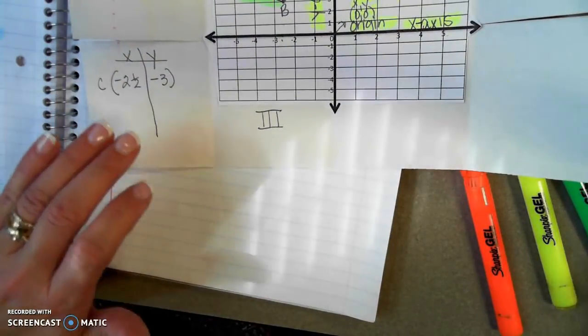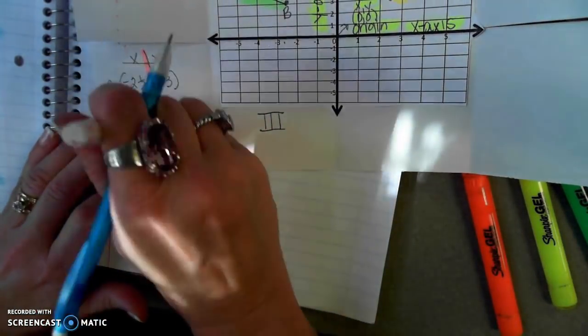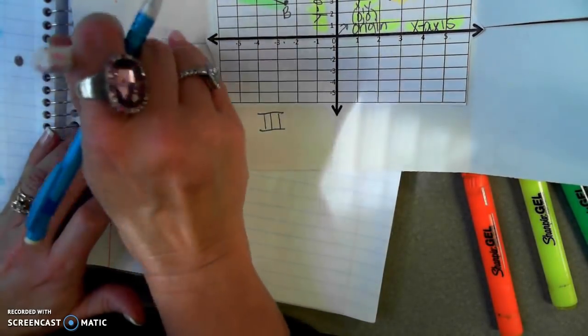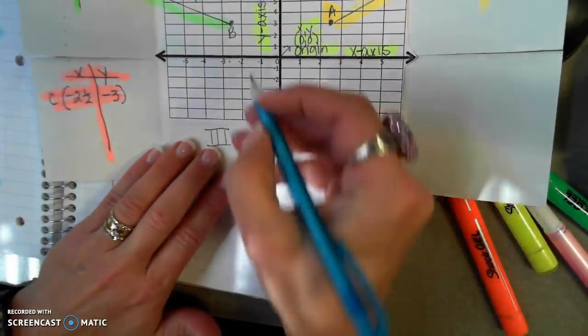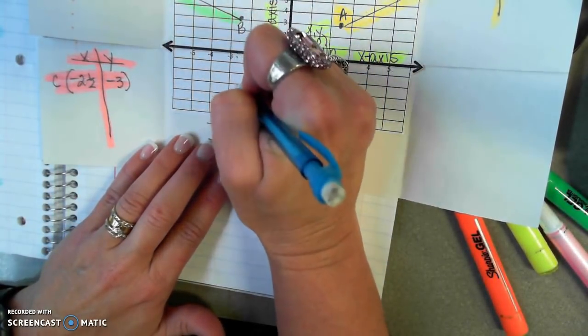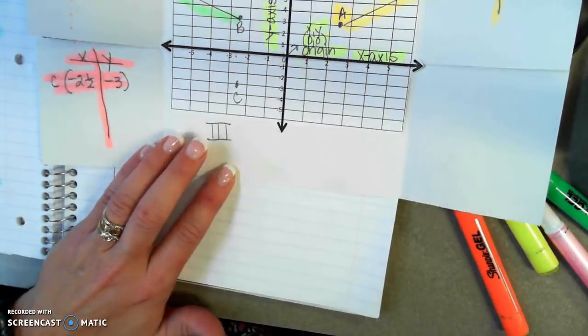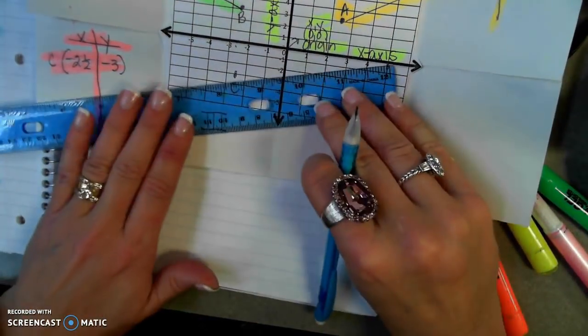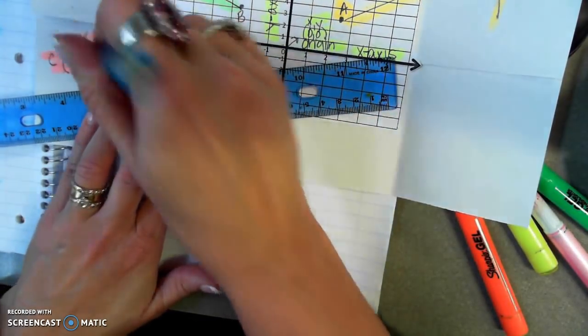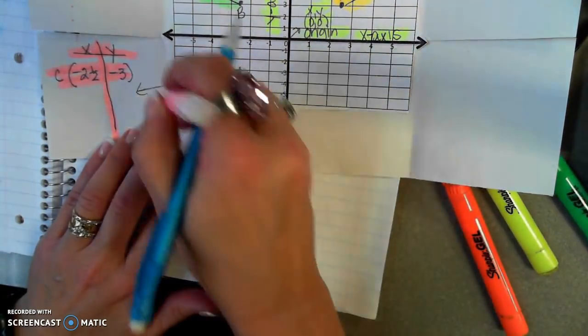Okay, so they both have to be negative. I did this one in pink, so I'm going to highlight this in pink. I'm going to go over negative 2 1/2, and then I'm going to go down negative 3. So that is point C. Point C represents quadrant 3.